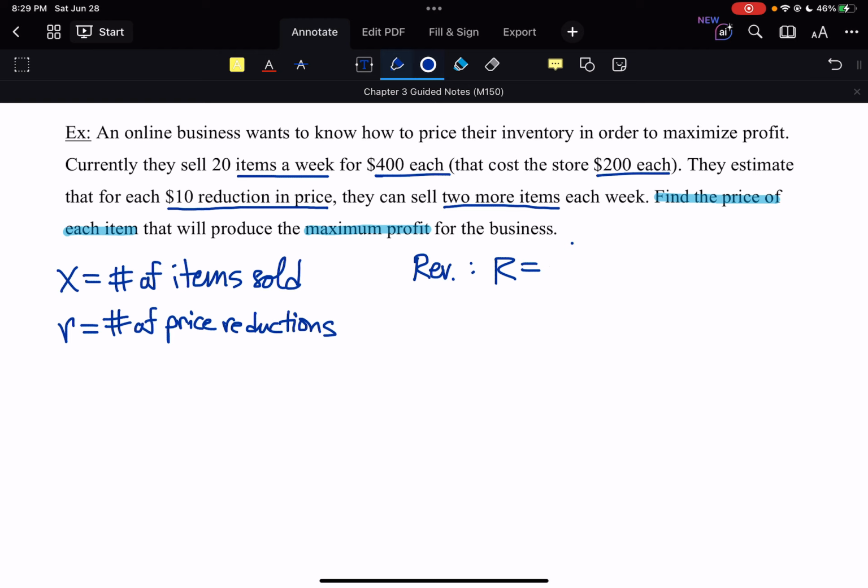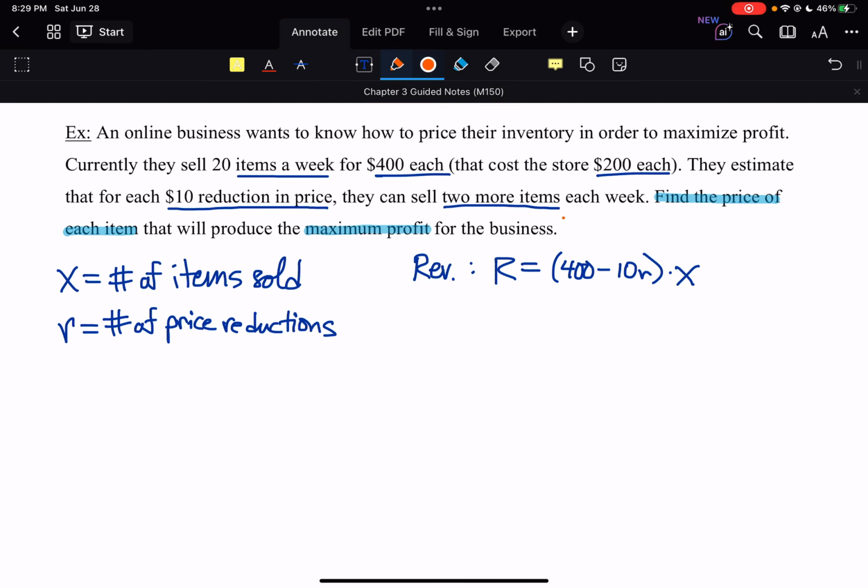So in terms of the quantity, that's X. In terms of the price, it's going to be 400 minus however many reductions they do times $10. So let me get this written in here. So 400 minus 10R times X.